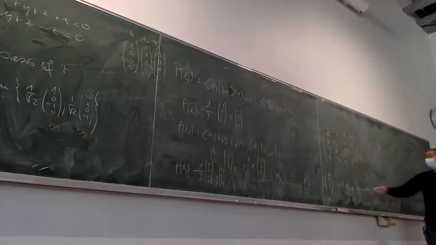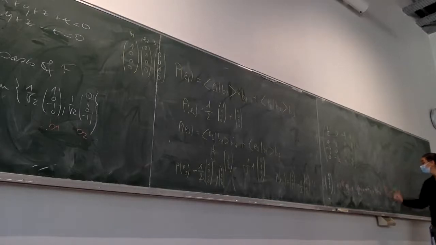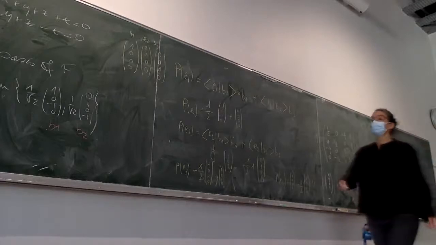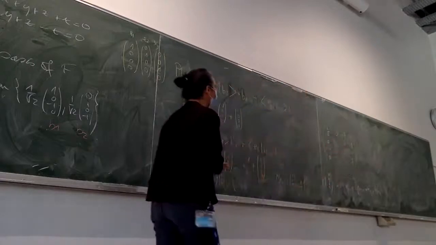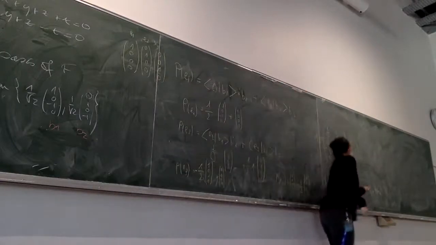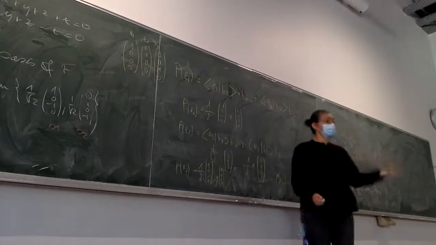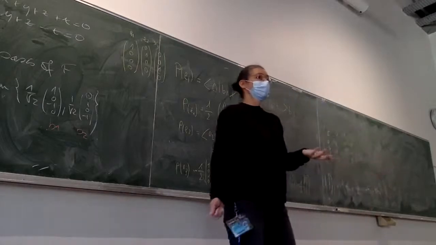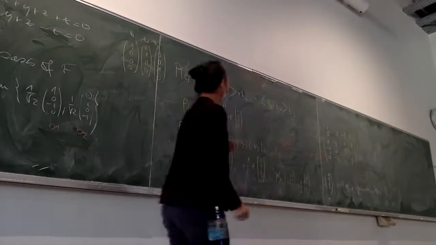And the good thing is that you can rewrite this as your matrix equation M times x, y, z, t. That's why the matrix representation of a linear map is given by the image, in columns, of the basis items.